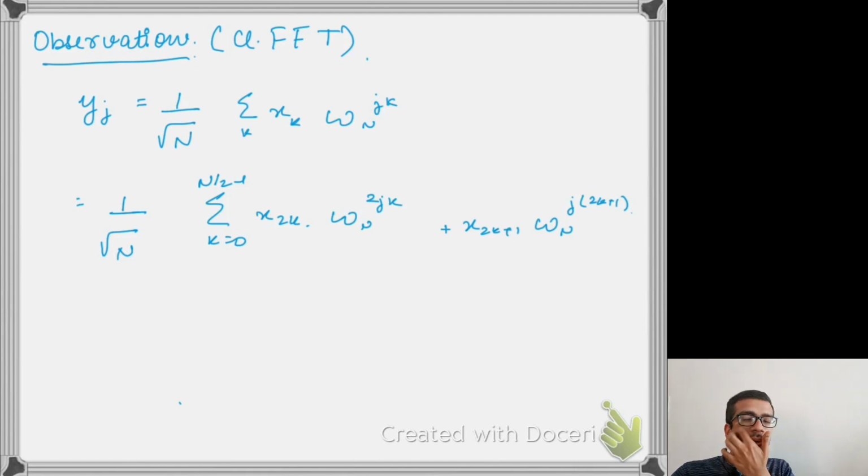So what we have done here is split the summation over k into two sets of terms. One is the set of even indices of k and the other is the set of odd indices of k.